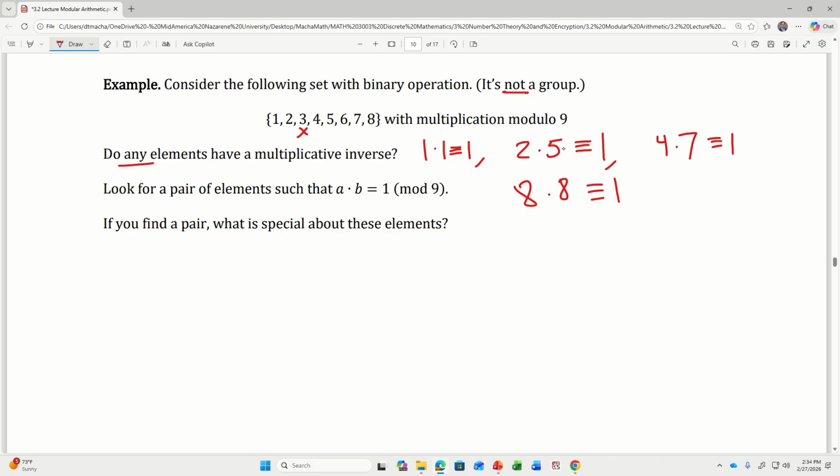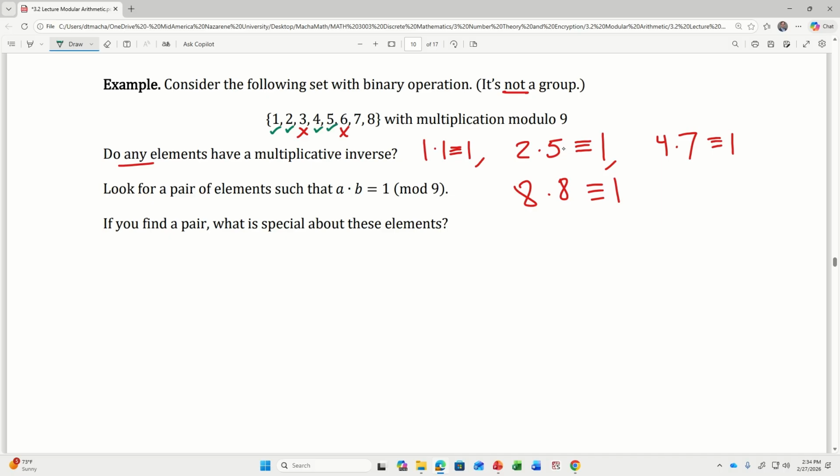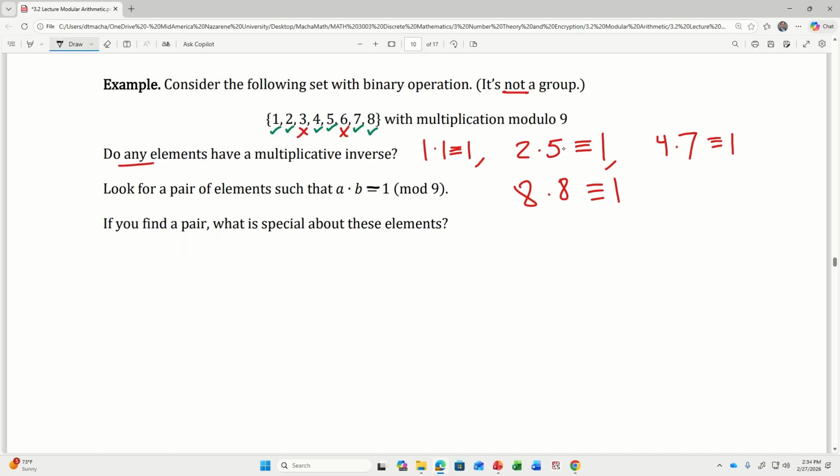So we don't have 3 and 6. But we do have 1, 2, 4, 5, 7, and 8. These all have inverses. And so some of these have inverses, and that should say congruent to.